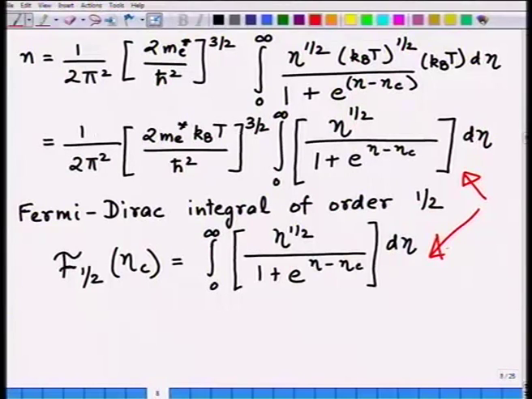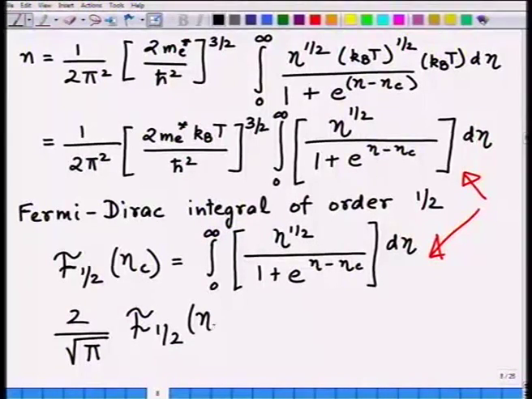Okay, so if that is the case, I am going to introduce not this. Often this Fermi function is not tabulated. Often it is common to tabulate instead a quantity called 2 by root pi times this function, which I have just written out. So, what I am going to do is separate out 2 over root pi.